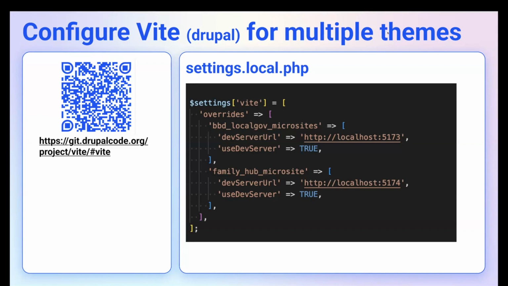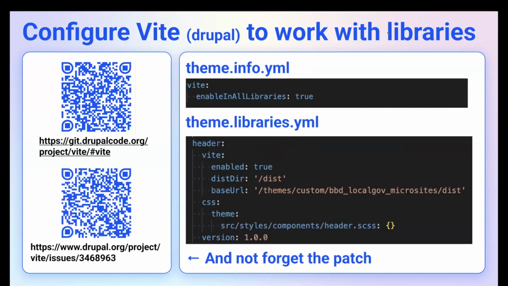For every theme, we add the overrides and the keys informing which address the dev server is available at, and we can turn the dev server on and off with this use dev server setting. When it is false, the compiled CSS is served. When it is true, HMR works.